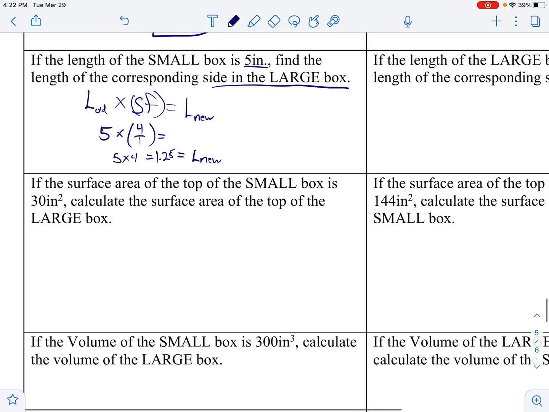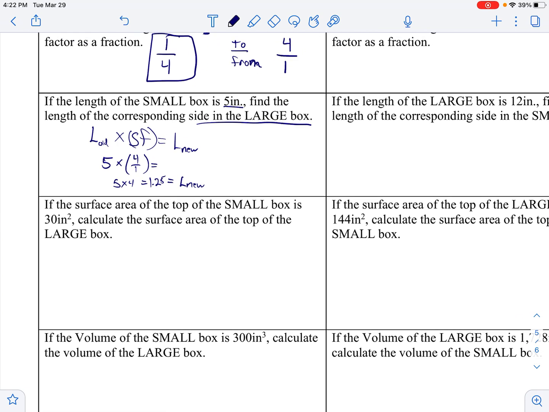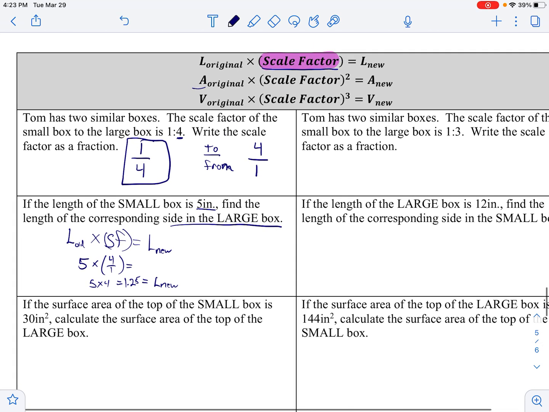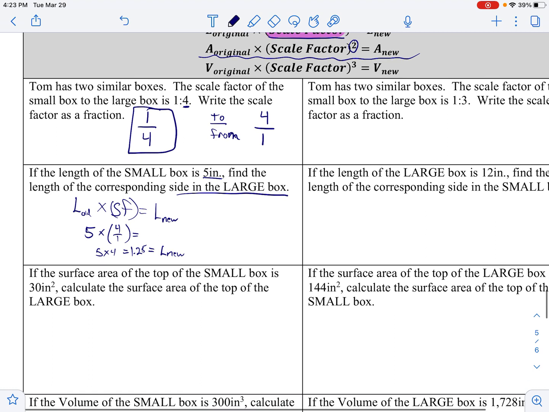So next, we've got: if the surface area of the top of the small box is 30 inches, calculate the surface area of the top of the large box. Well, let's pull out our formulas here. It's mostly the same formula, but that squared changes everything.